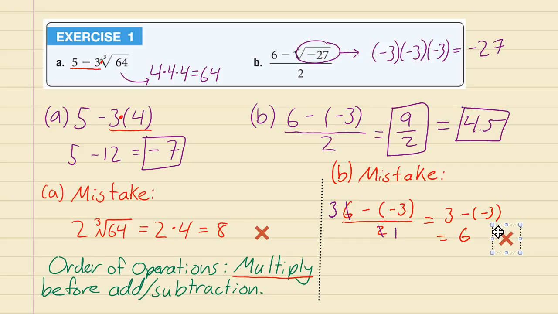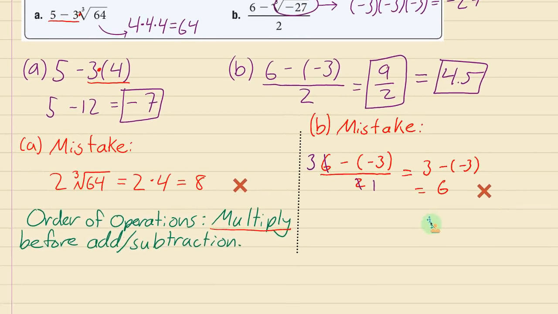So the problem here is that when you have a fraction bar, that operation should always be done before you actually divide. And the only way you should be able to actually divide it is if you have the top written in completely factored form.